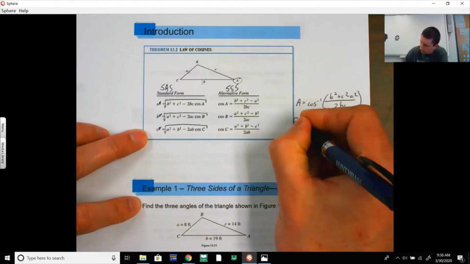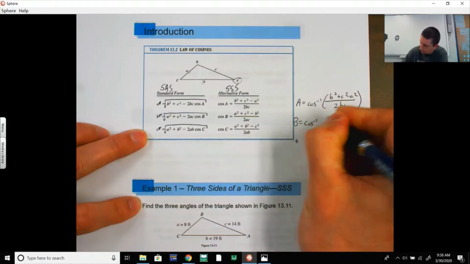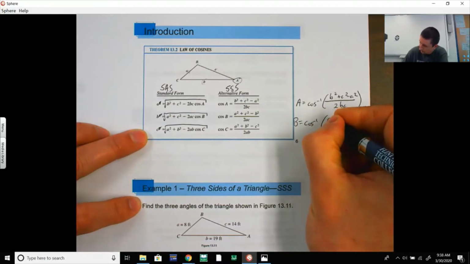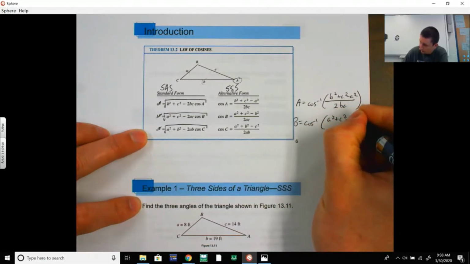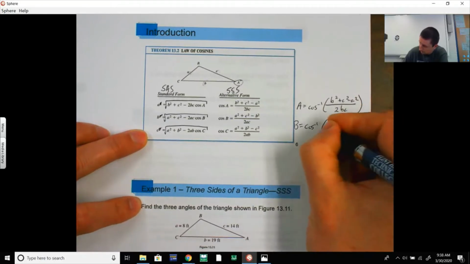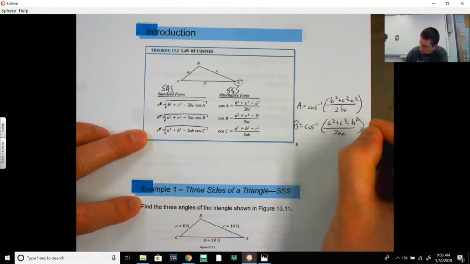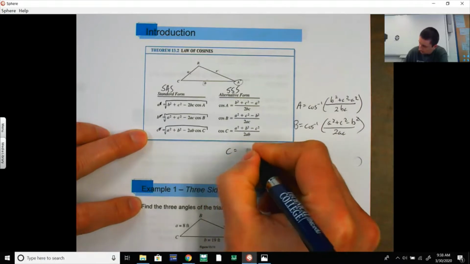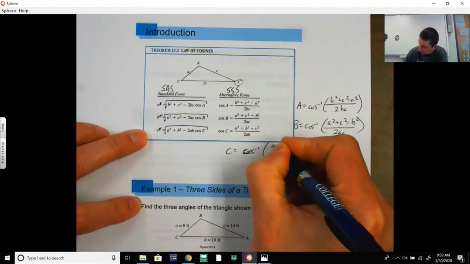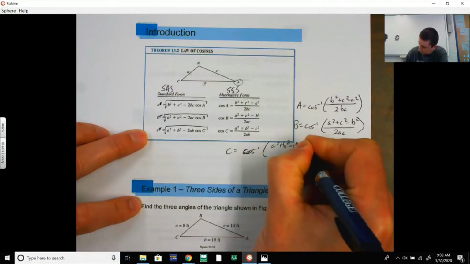So if you're looking for B, that would be the inverse cosine of a squared plus c squared minus b squared, all over 2ac. If you're looking for C, that's going to be the inverse cosine of a squared plus b squared minus c squared over 2ab.